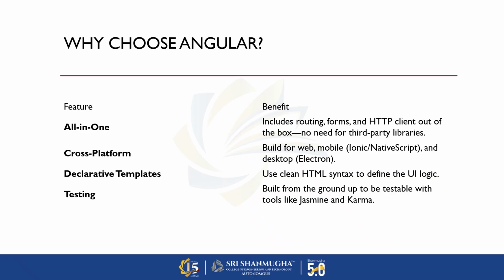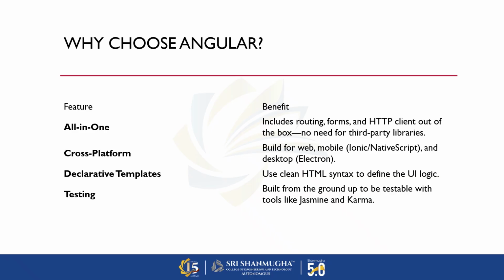Why do we need to choose Angular? This is an all-in-one framework which includes routing, forms, HTTP client, and there is no need of any third-party libraries. Then this is a cross platform, which is a major advantage of using AngularJS, as you can build for any web, mobile or desktop applications using the same thing.